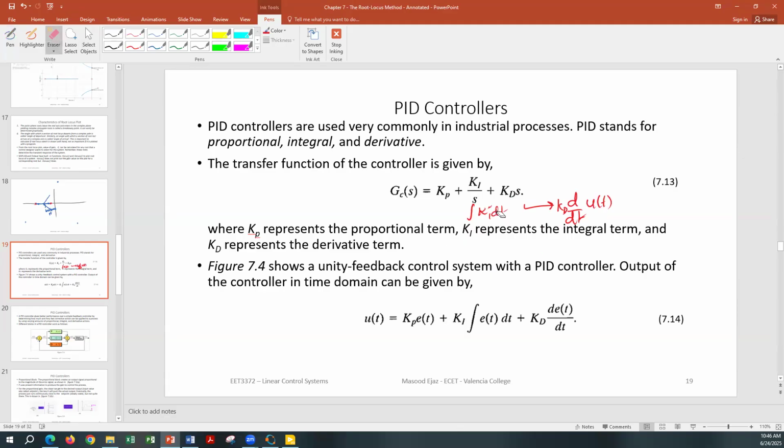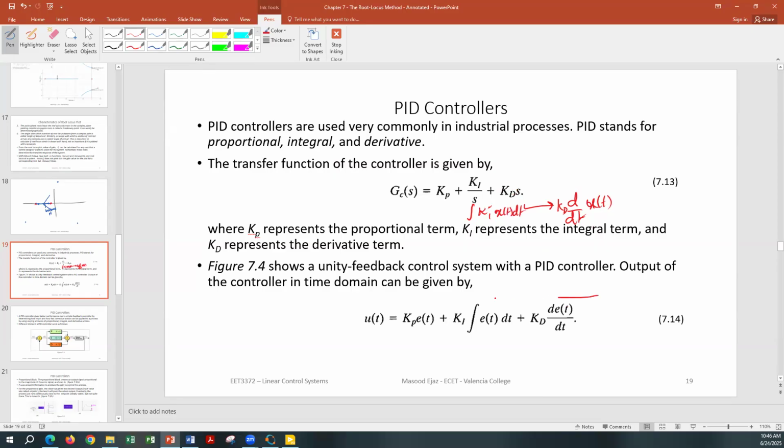When you take the integral in the Laplace domain, it becomes 1 over s, and when you take the differential, it becomes s. Whatever the system, x(t) is going to be whatever x(t) is.